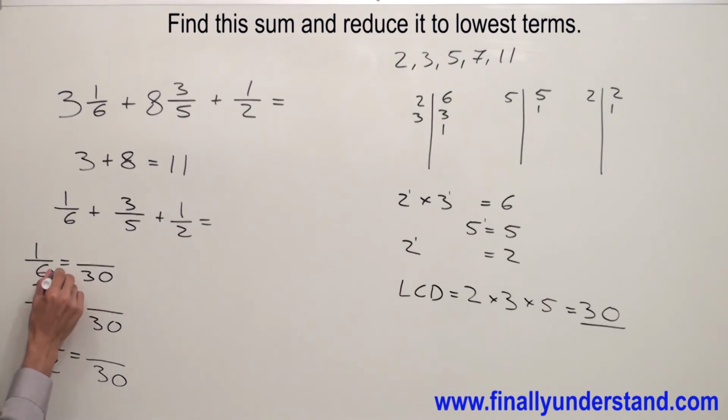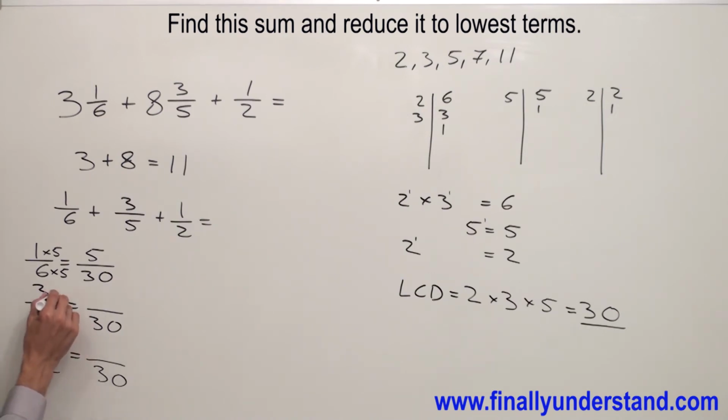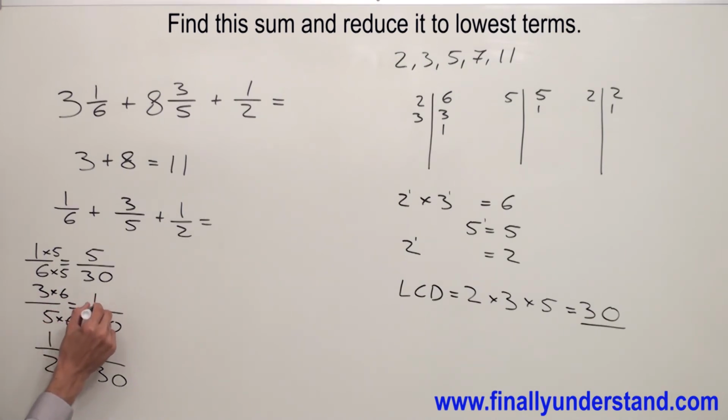I have to multiply by 5. 1 times 5 is 5. By what number I have to multiply 5 to get 30? I have to multiply by 6. 3 times 6 is equal 18. By what number I have to multiply 2 to get 30? I have to multiply by 15. Whatever I did in the denominator, I have to do also in the numerator.